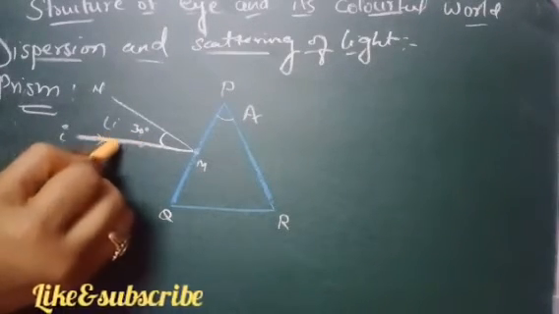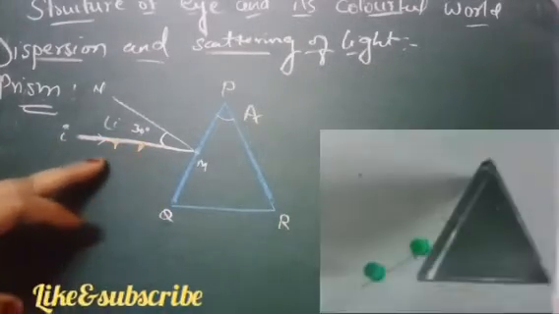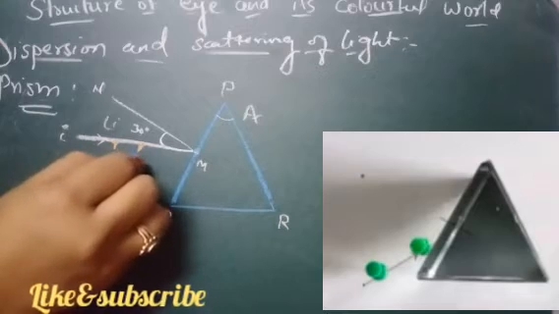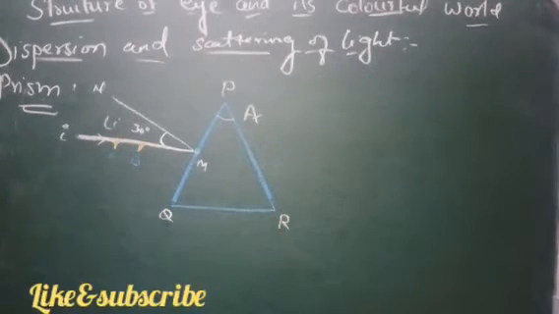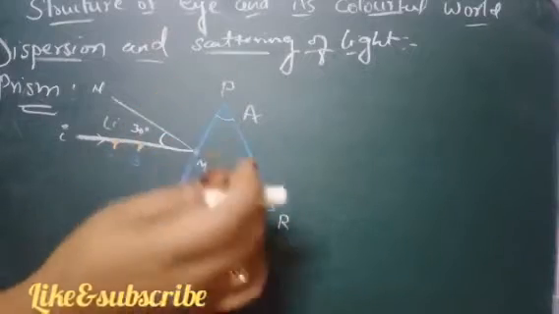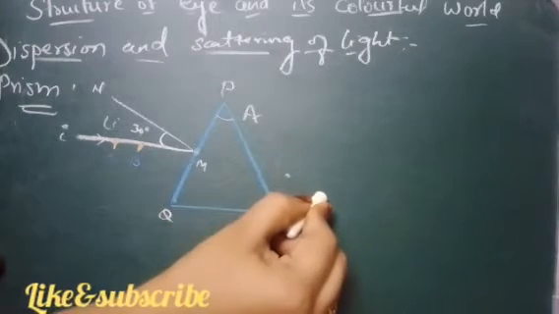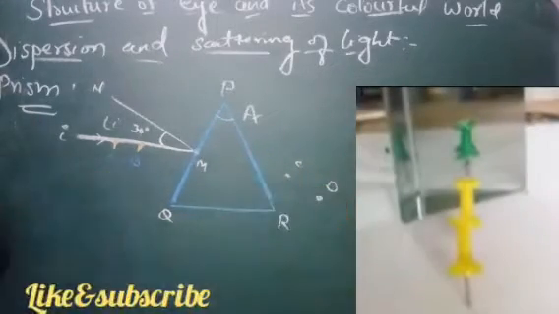These are the two pins that we are fixing on the line, and we will mark them as point A and point B. Now we will look for the image of the pins through this prism and mark those images as C and D. After you keep the prism, you will see that the images are somewhere here, and you can mark them as C and D.